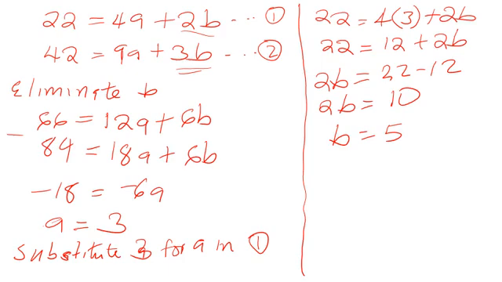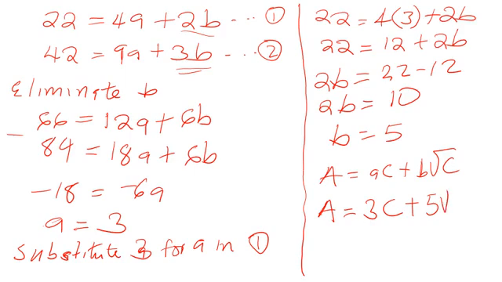Okay, now the equation. Remember it was a plus the square root of c, something like that. So the relationship between these two will be: A is equal to 3C plus 5 root C. Okay, it's as simple as that.